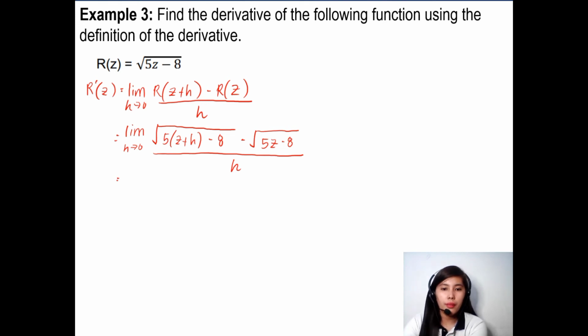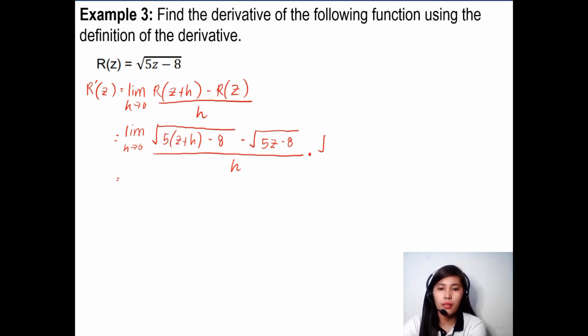Now, what to do here? Since we have here a radical expression, we can multiply both numerator and the denominator by its conjugate. Okay, so let's multiply by the conjugate of the numerator.